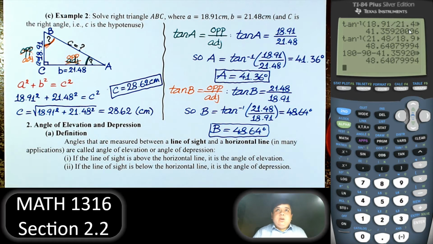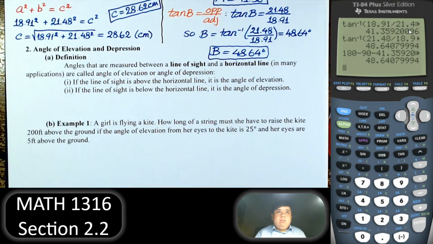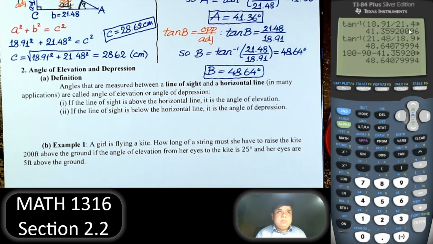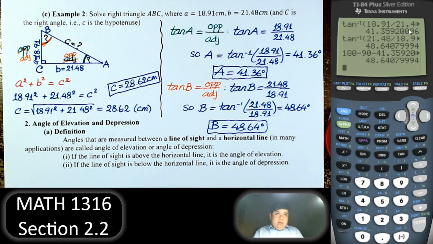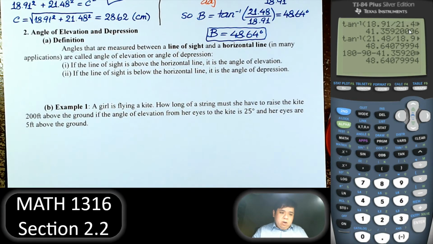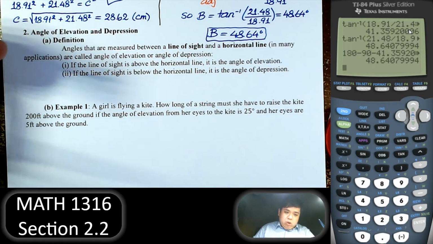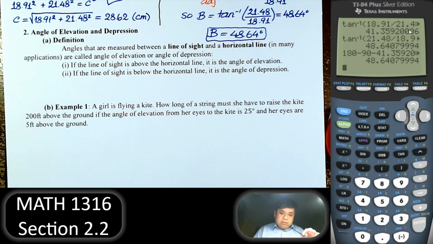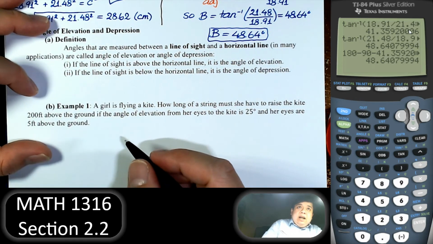Right. So let's look at some application. Angle of elevation and angle of depression. So angles that are measured between the line of sight and the horizontal line are called angle of elevation and angle of depression. So let's see.